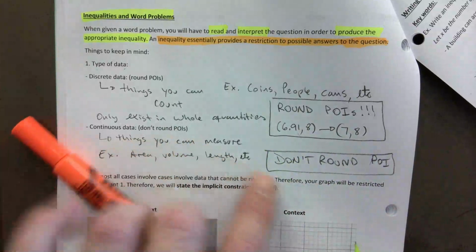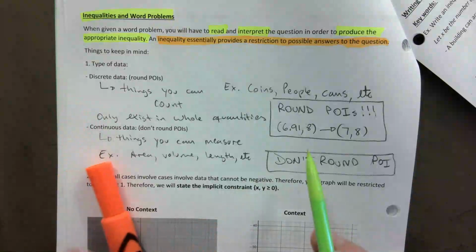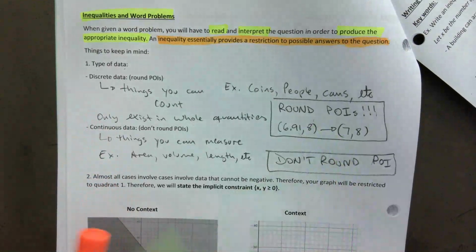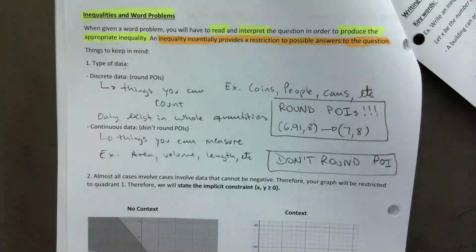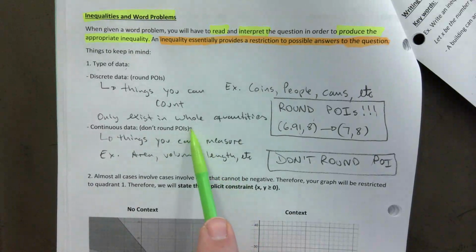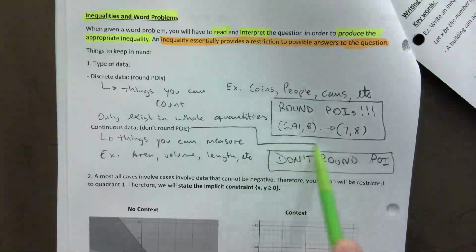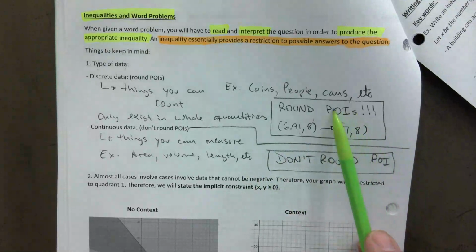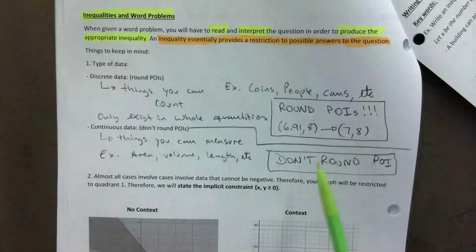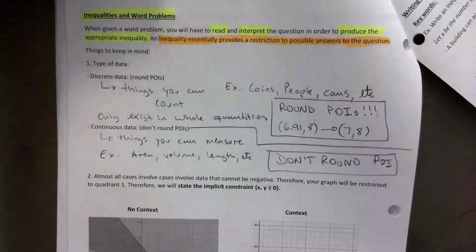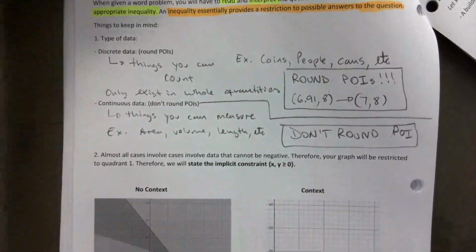So if it's continuous, don't round. If it's discrete, round. I'm going to make sure we don't mix this up. So this belongs to continuous, sorry, this belongs to continuous. That's it. So it will happen from time to time.